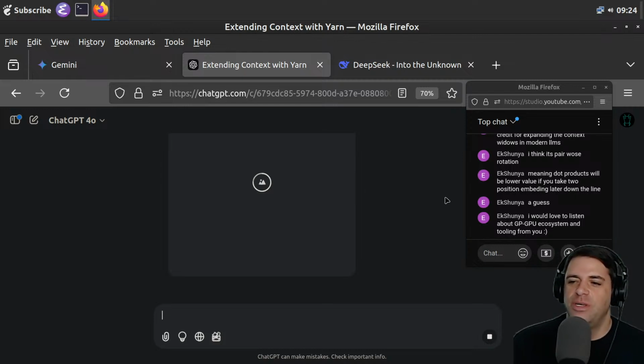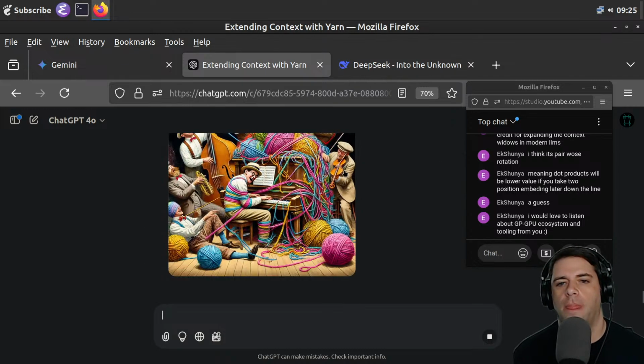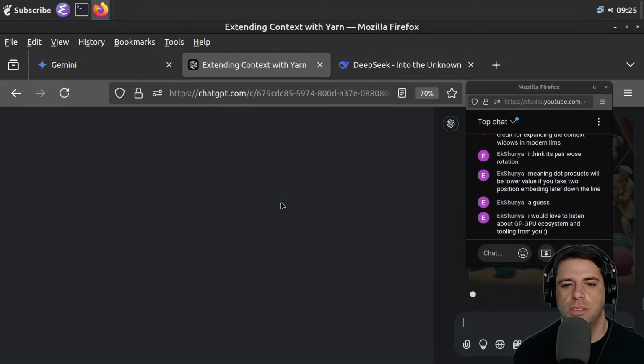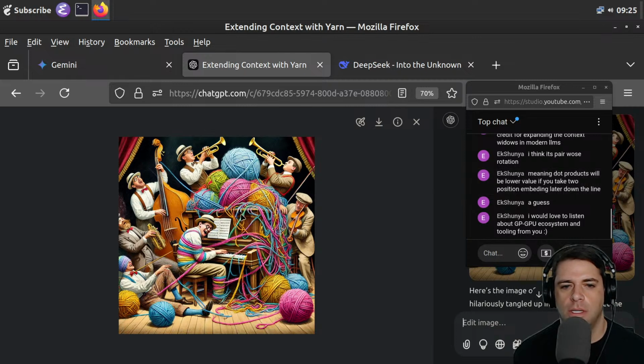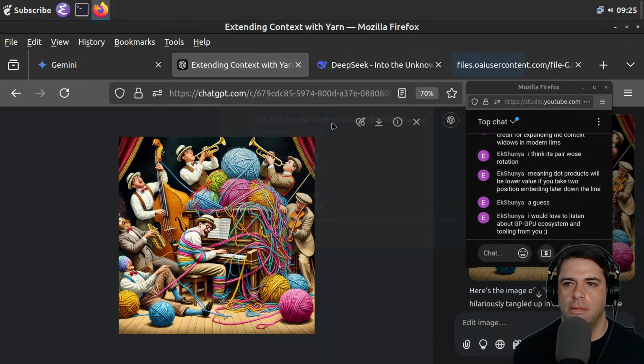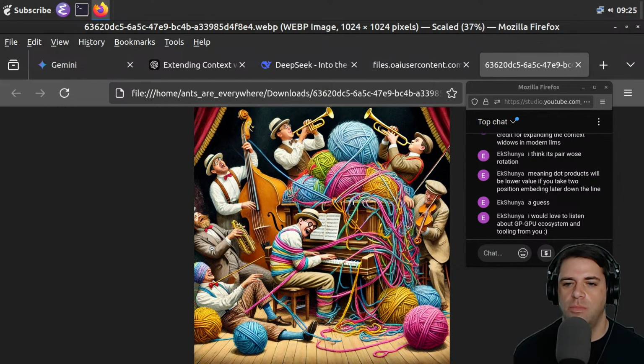About GPU, because I don't honestly know anything about it. What do you mean by GPU? GP, like general purpose? Okay, here's the ragtime performance. All right. They made all the musicians white, which I'm not surprised by, but it does seem like a choice.